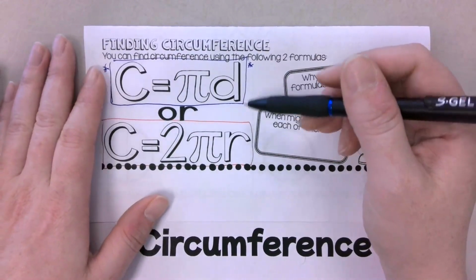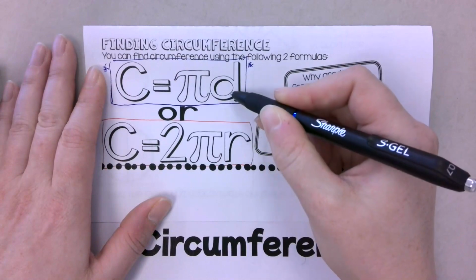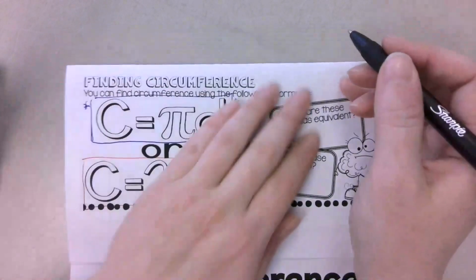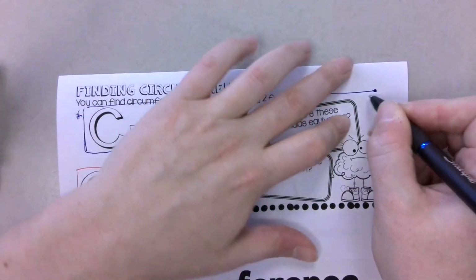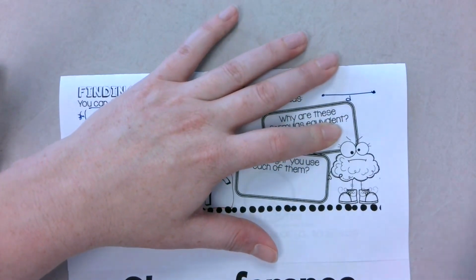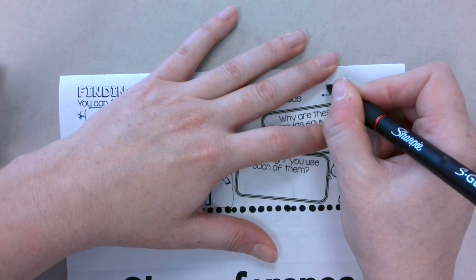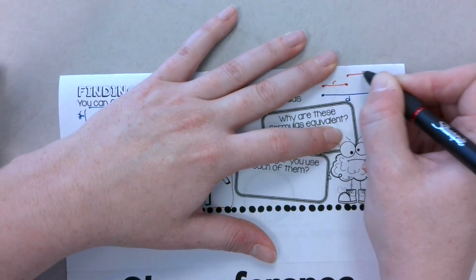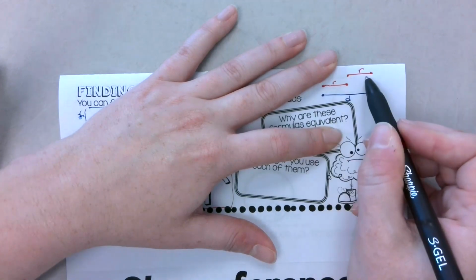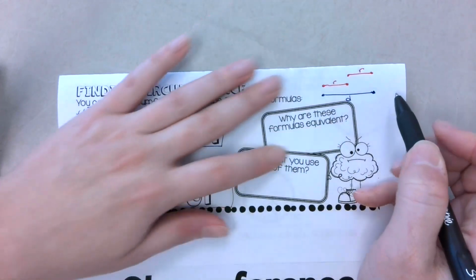The reason why they're equivalent is because two radii make up one diameter. So if you have one diameter that goes all the way across, that's your diameter. A radius would go halfway across. And if you have two of the same length radius, see how two radii make up one diameter?